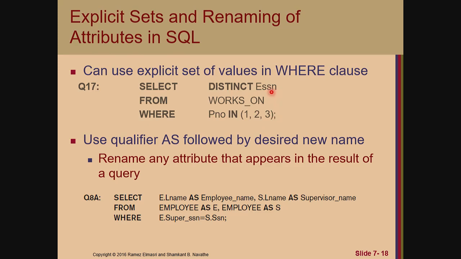So the meaning of this one is that we are concerned about three projects: project number 1, project number 2, and project number 3. And we want to know the ESSN of all people in these three projects. But sometimes one person works on two projects, so the data is duplicated, right? So we eliminate that using this.